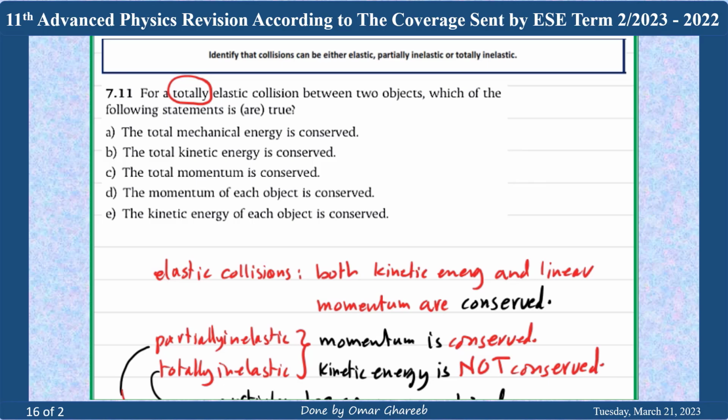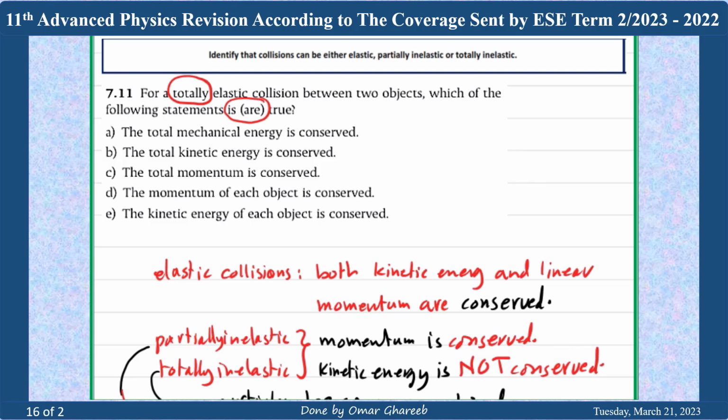Some students, when they hear "totally," immediately say totally inelastic. No, totally elastic. Collision between two objects, which of the following statements is or are true? Because they put it like this, maybe there is more than one answer.